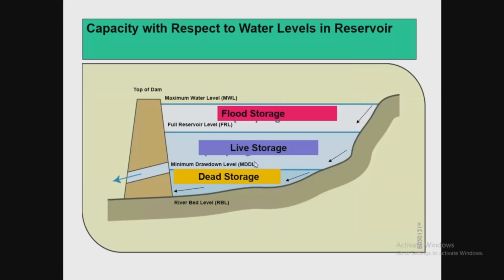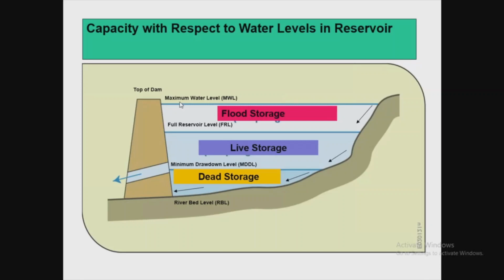Once it is deposited in the riverbed, that water we cannot use, or it is not advisable to use that water because it is muddy water, mixed with silt or sediment. So that water is not advisable to use.